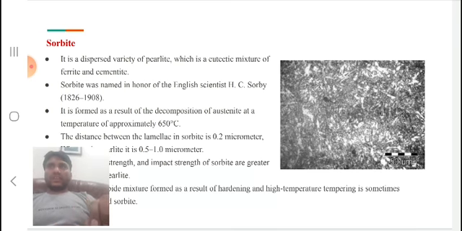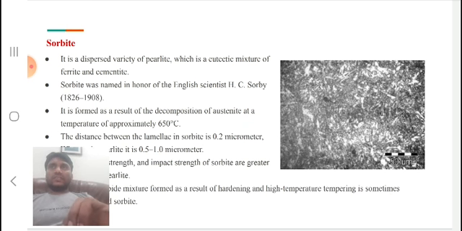It is formed as a result of the decomposition of austenite at a temperature of approximately 650 degrees centigrade. This is very important because we discussed this in the formation of martensite and bainite.